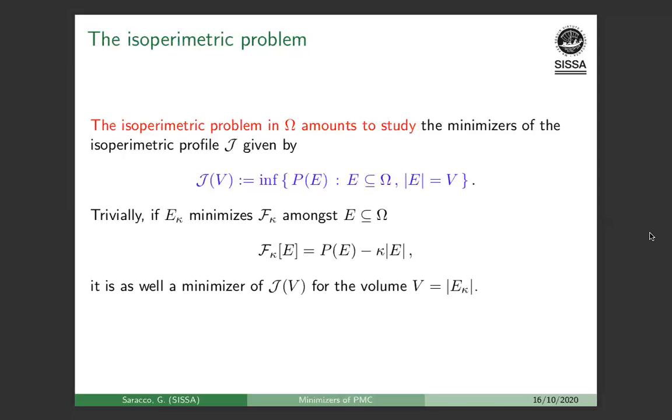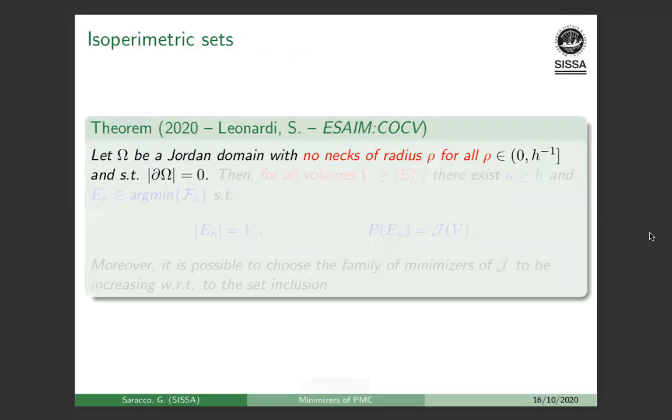So you can hope to build isoperimetric sets through the unconstrained problem of the prescribed mean curvature problem. And this is basically what we did with Gianpaolo.